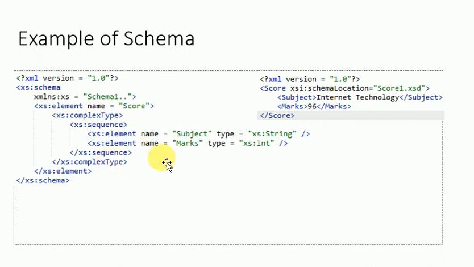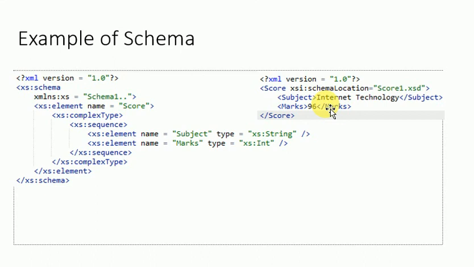So here we have two elements. This XML is used to store the details of marks for a particular subject. So the first element is subject and the second element is marks, and its type is string for subject and integer for marks. So over here we have score, that is the name of the element, xsi:schemaLocation.